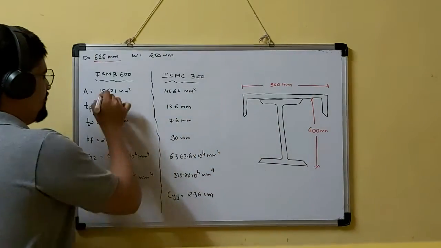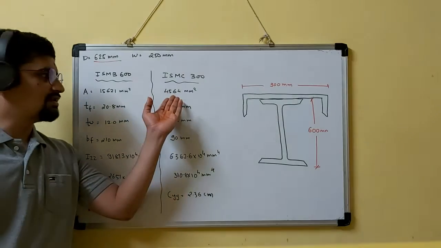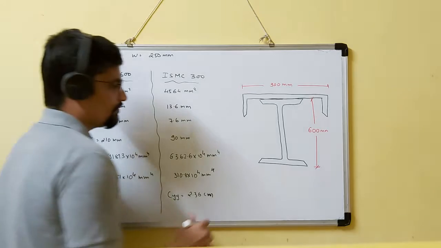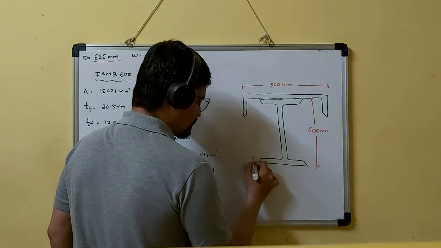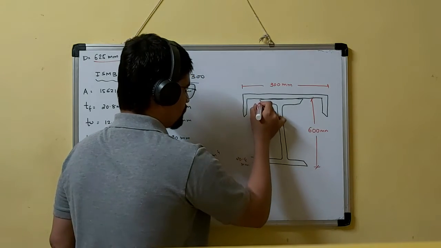The area of the I section is 15621 and for the C section it is 4564. The thickness of flange is 20.8, both sides, here also 20.8.